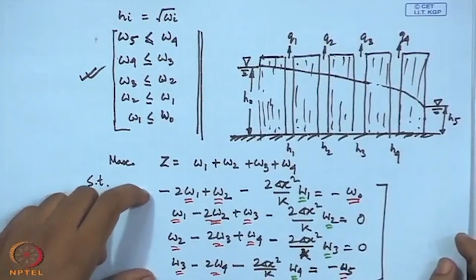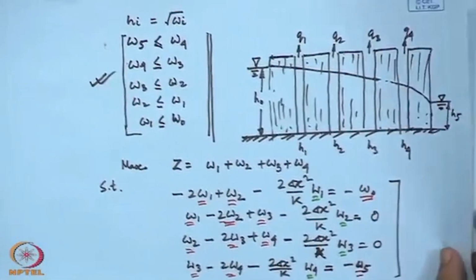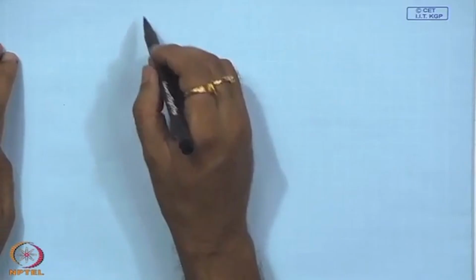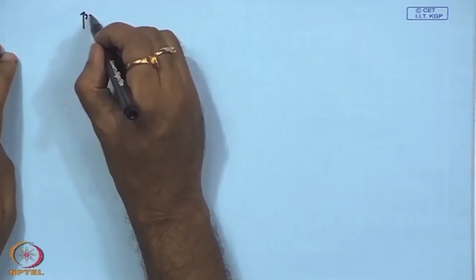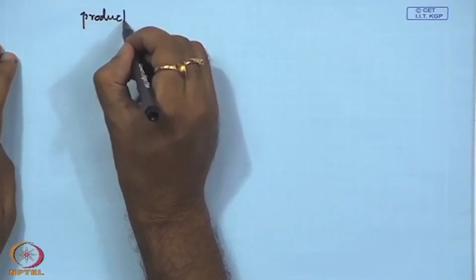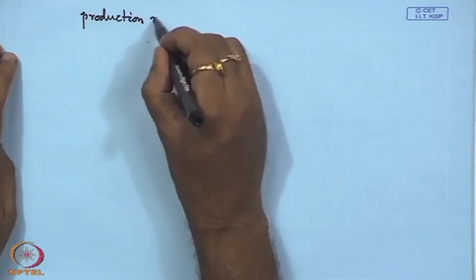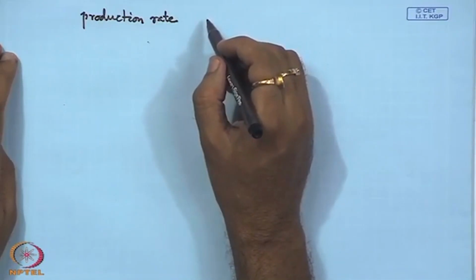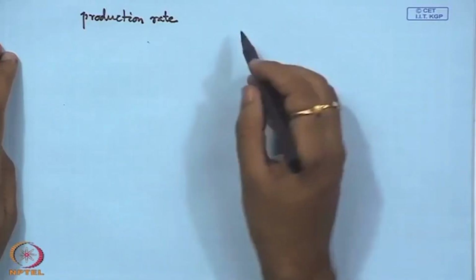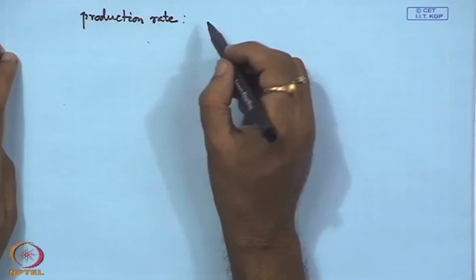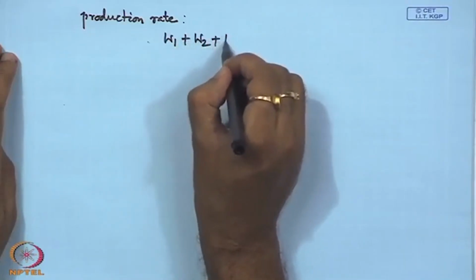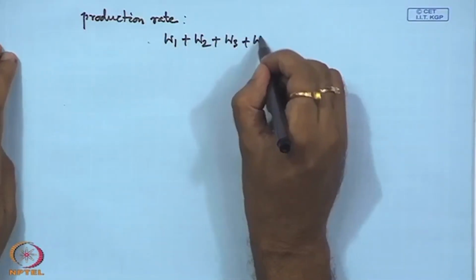So, what are the other constraints that will be required for this one? Those are related to production rate. In case of production rate, we have W1, W2, W3, W4.